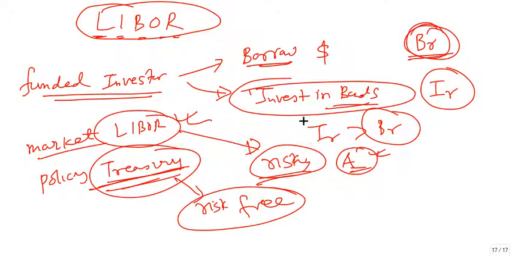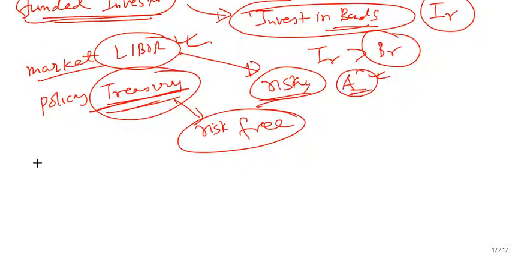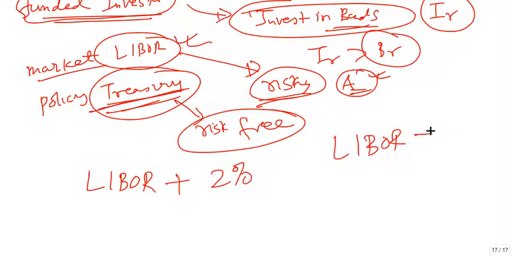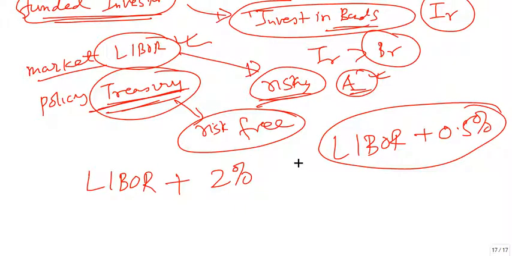When these funded investors want to borrow, the de facto rate is LIBOR, and their funding would be pegged to LIBOR. A funded investor may be charged, let's say, LIBOR plus 2%. Some investors may be charged LIBOR plus 0.5%, depending on how much riskier the investor is.